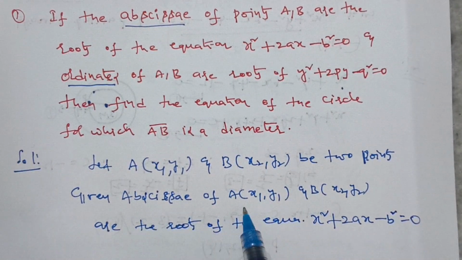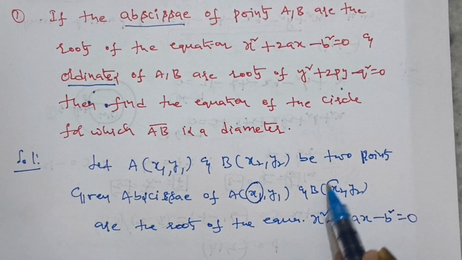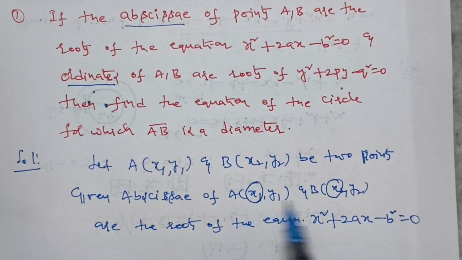So here the abscissa of these points are the first coordinates, meaning x values. So these x1 and x2 are the roots of this equation.